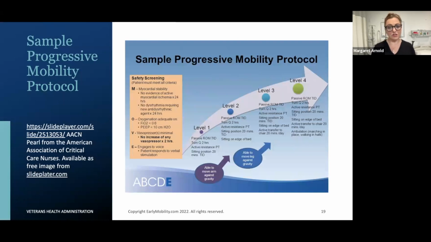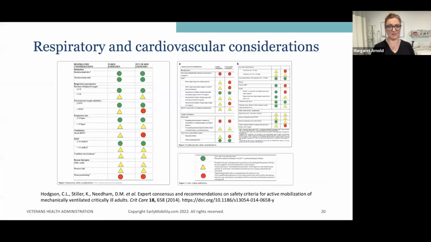This is one that was used with permission from the AACN website that basically looks at progressing the patient from most dependent to least dependent, or least independent to most independent. There's always a safety screening that's done for medical safety. We do a safety screening for physical safety using a mobility screening tool. We set our goals, and then we use the equipment to safely accomplish our goals for our patients.